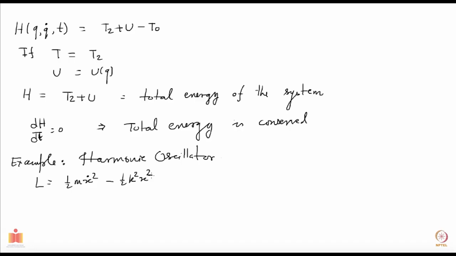So if you now do a Legendre transformation, then you know that the Hamiltonian will be p x dot minus the Lagrangian, which is half m x dot square minus half k x square.